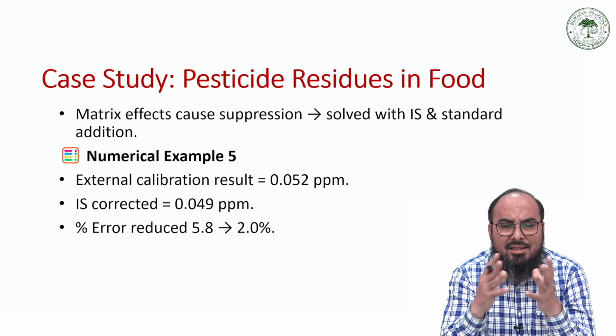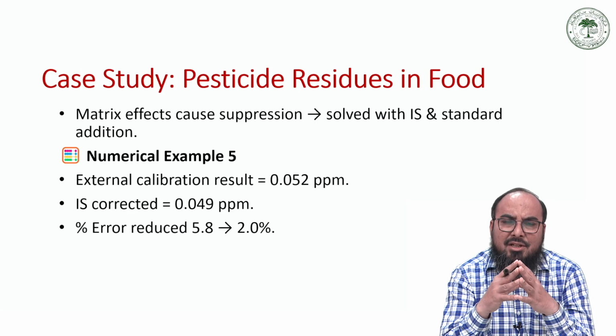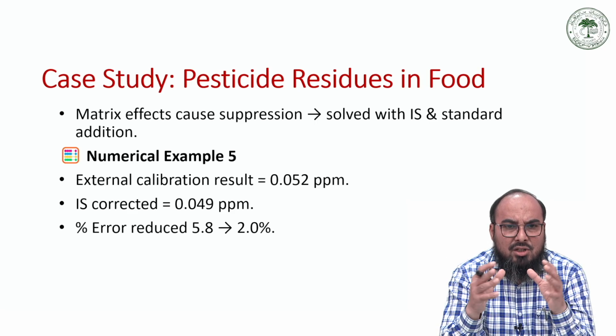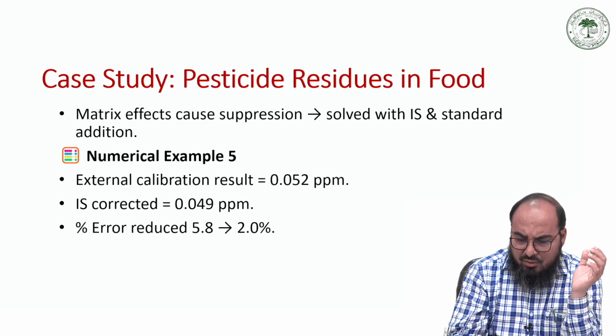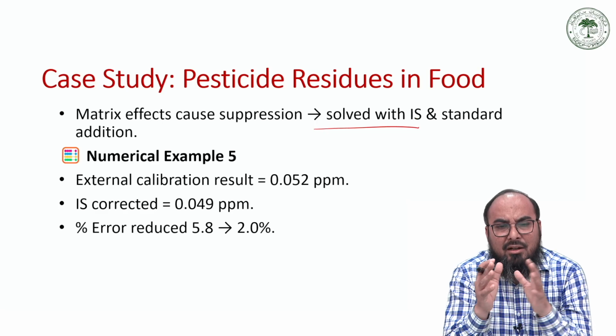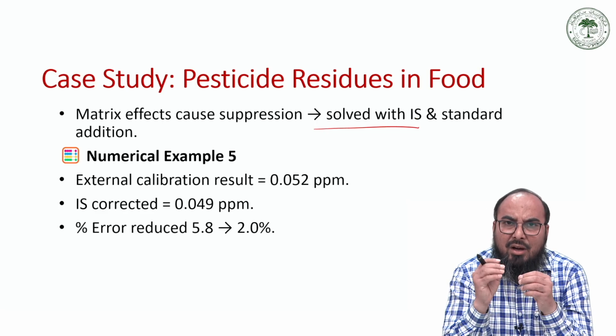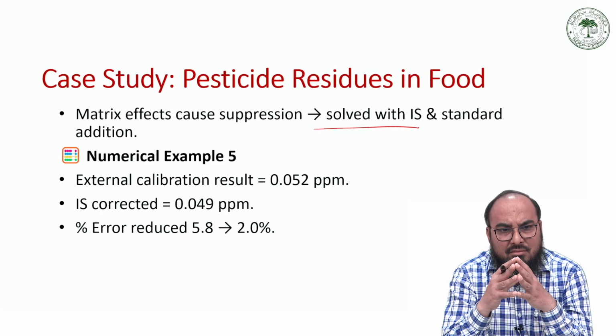Similarly, let us see a case study involving pesticides, where we have to check the pesticide residues in a food sample. Now you have to check the internal standard, and you also have to ensure which type of standard you are adding, so that you can suppress the effect of the matrix.